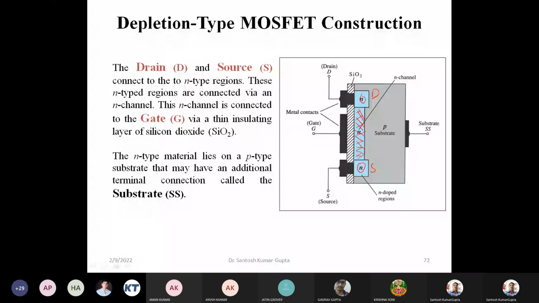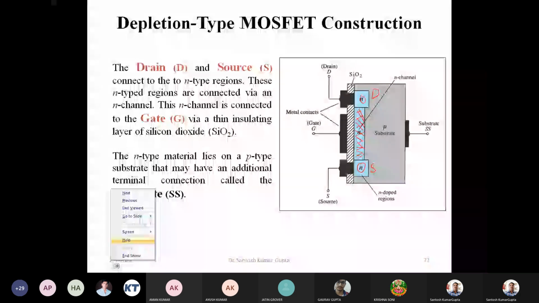This is just the cross-sectional view. Let us try to understand what we actually have here.